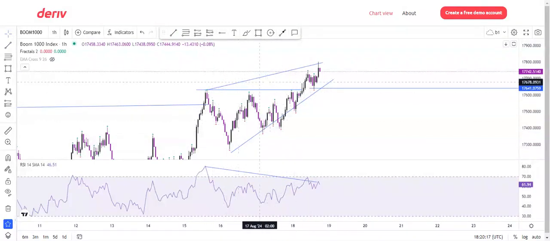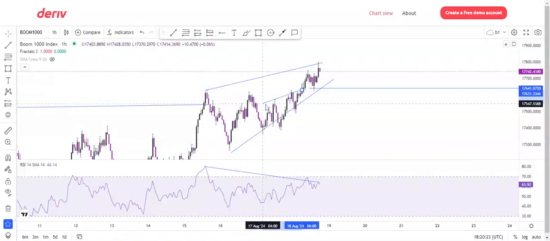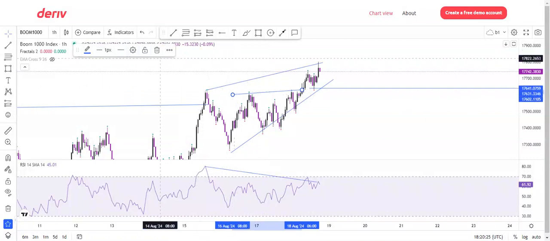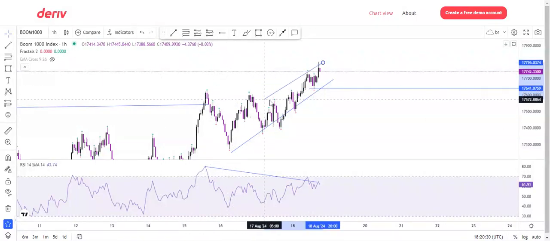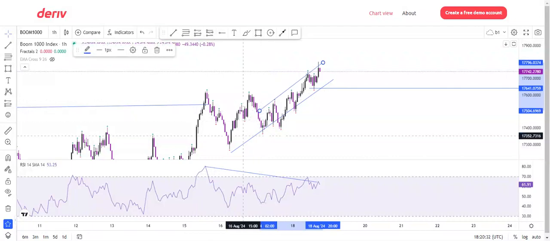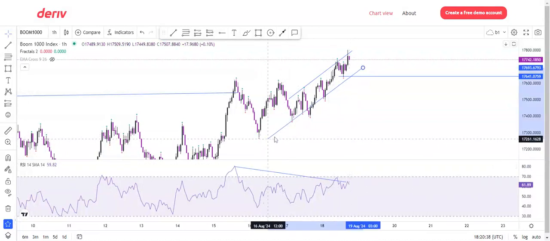It's kind of a reversal. It's an ascending channel, and we all know that an ascending channel is a reversal, and now we have our divergence.